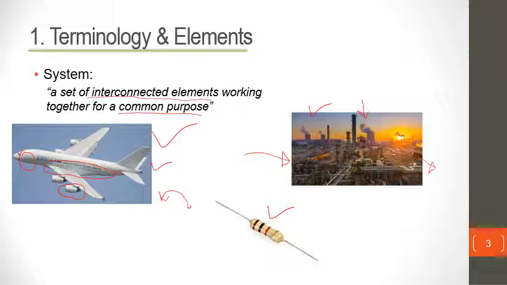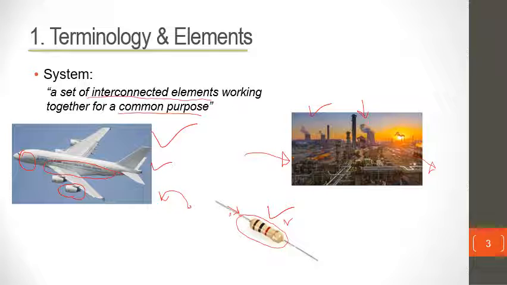The resistor, on the other hand, we know what it actually does. You can view a resistor as a conversion element whereby the current that passes through the resistor is converted into a voltage drop across the resistor. So it does have a purpose or a function in that sense.